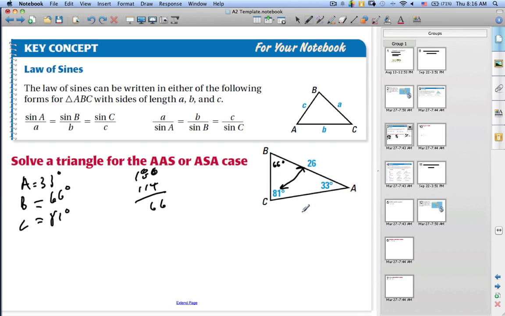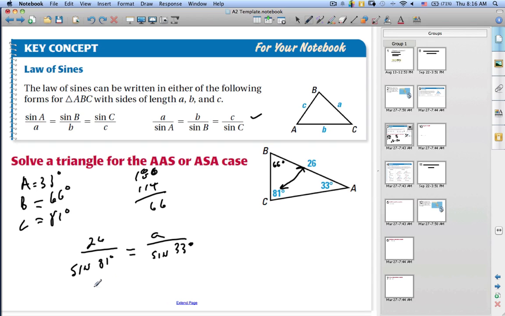Now, if I want to start finding the sides, I know that to find a side, I'm only going to use the version with the sides in the numerator. So the length of side C is 26, and the sine of 81 degrees, which is the measurement of angle C, will be equal to the length of side A divided by the sine of 33 degrees.